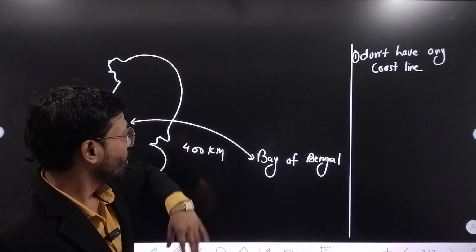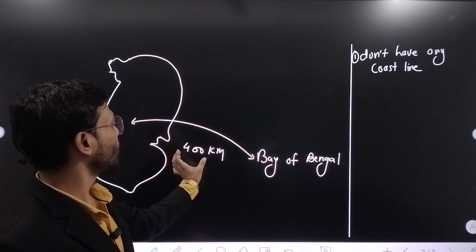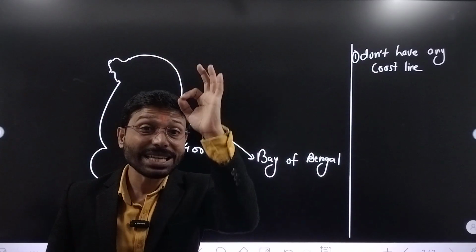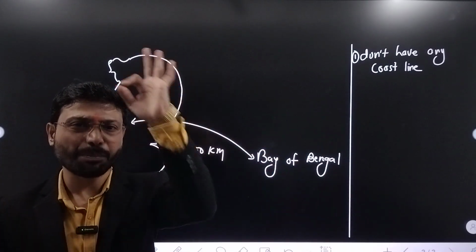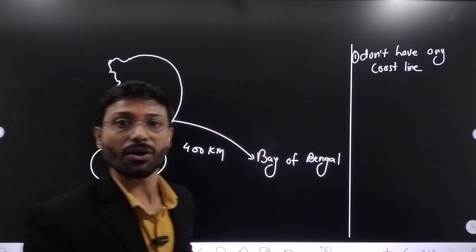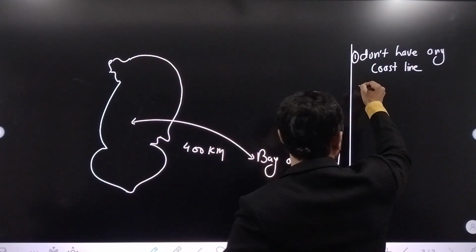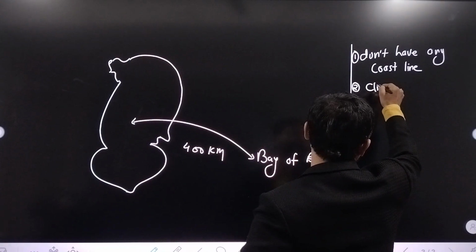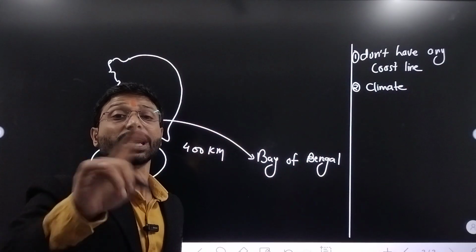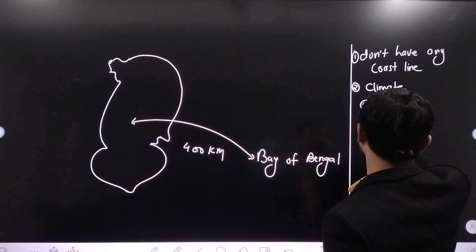How? Because of being apart from the Bay of Bengal, approximately 400 kilometers in distance, we have a continental effect, and this is the positive characteristic with regard to the geography, or you may call it with regard to the climate. See, second point is all about the climate, that we have a positive impact. What kind of effect are we getting?